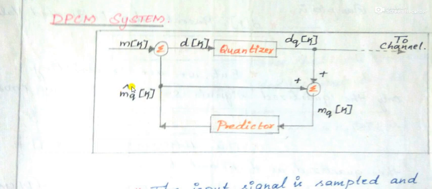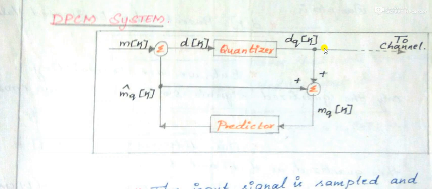So cap means it is the estimated sample value. d of k is the difference between the present sample value and estimated sample value, and dq of k is the quantized value of the difference signal. Usually d of k is the difference sample and dq of k is the quantized difference sample value.